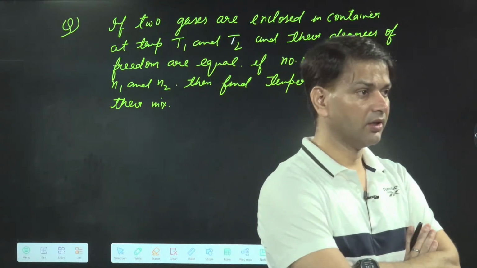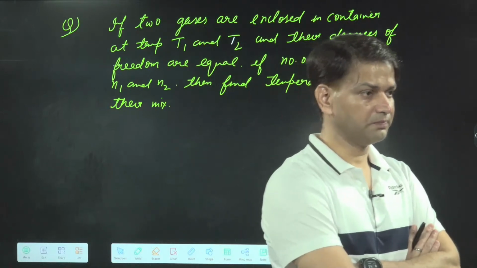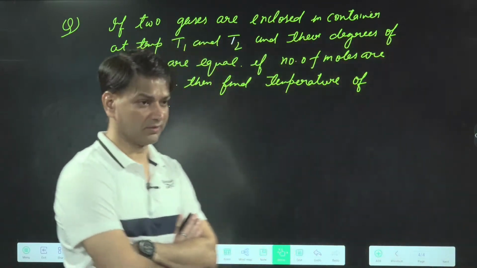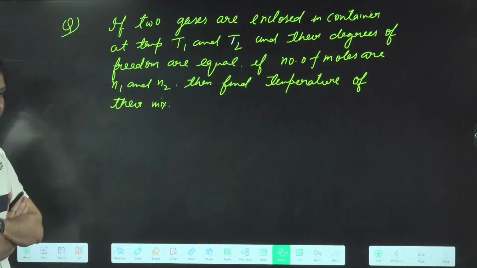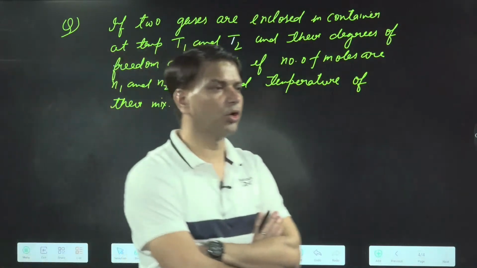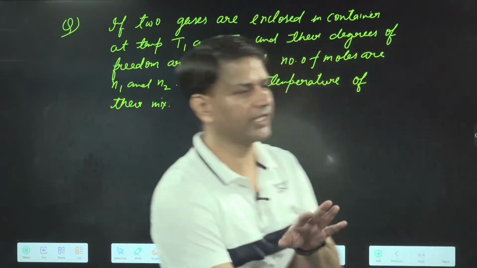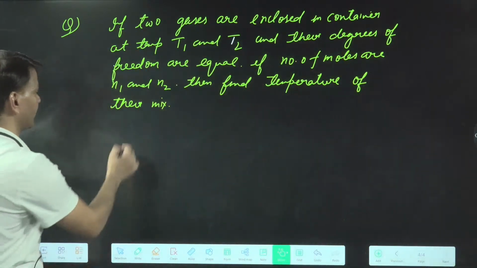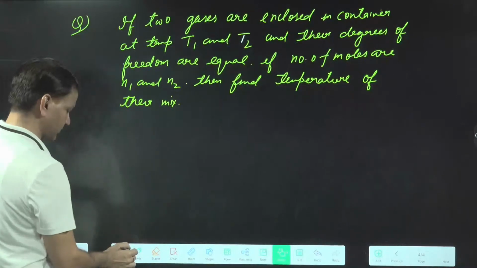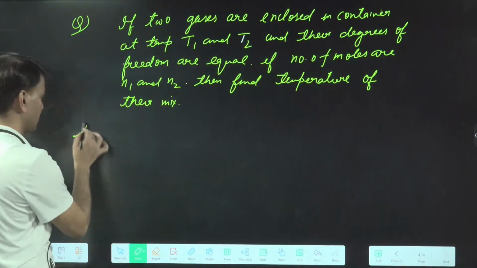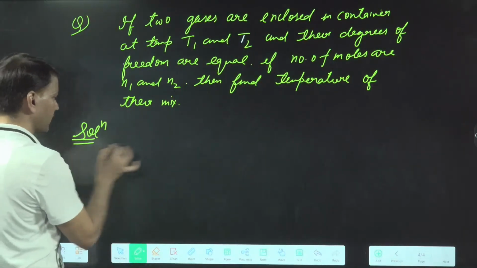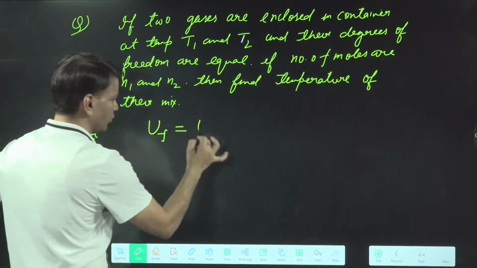Okay, good. So in this case, what will we take? No loss in energy, so total internal energy we will take as constant. So UI we can write as UF; UF is equal to UI.